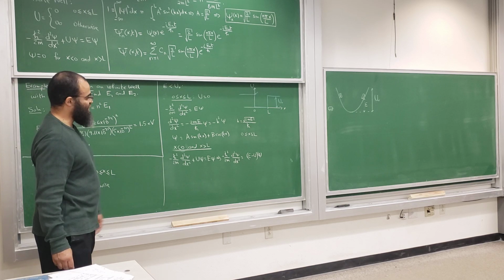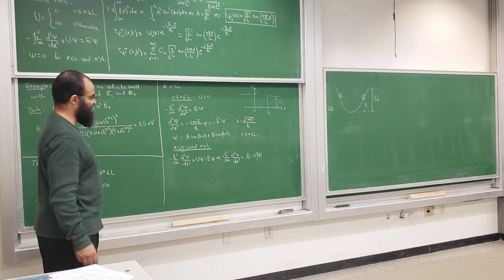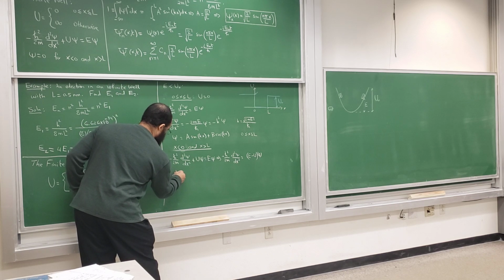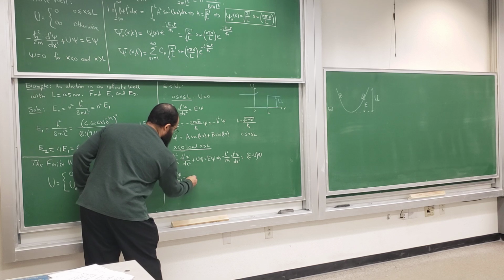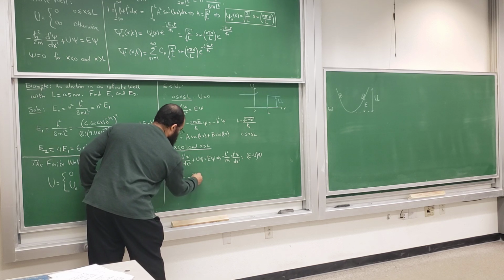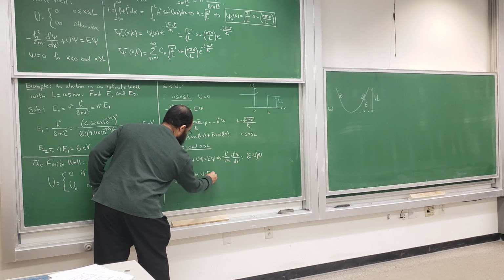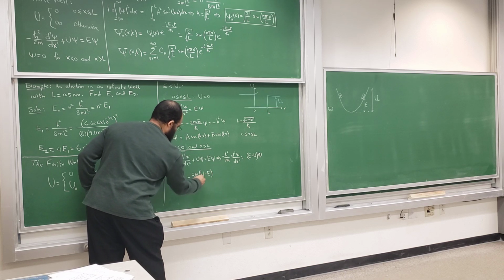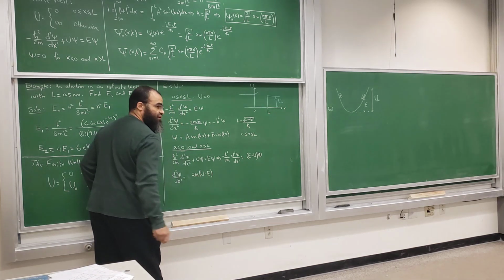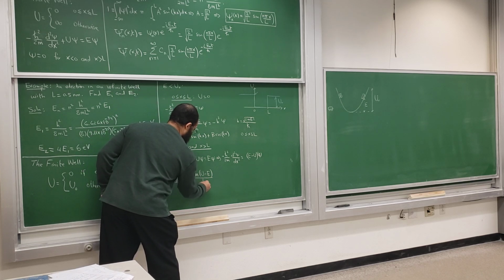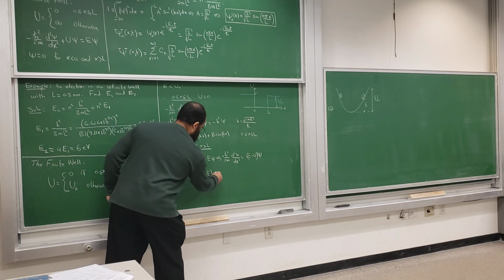Now again, multiply both sides by 2m and divide by negative h bar squared, and we get the second derivative of psi with respect to x is equal to 2m, u naught minus E, over h bar squared times psi.